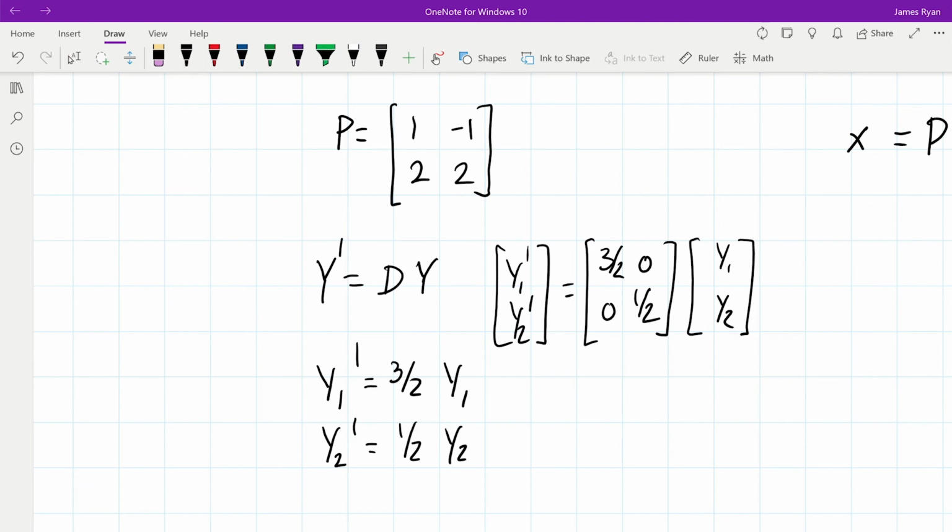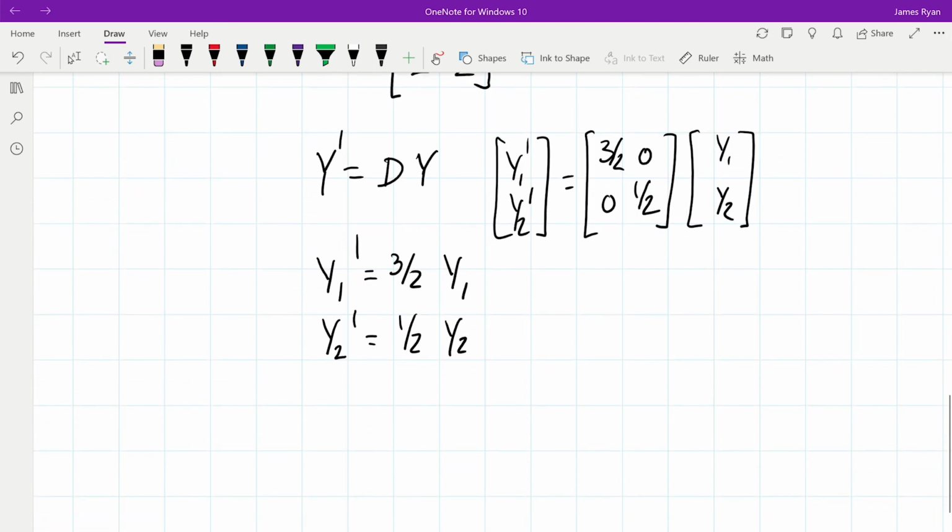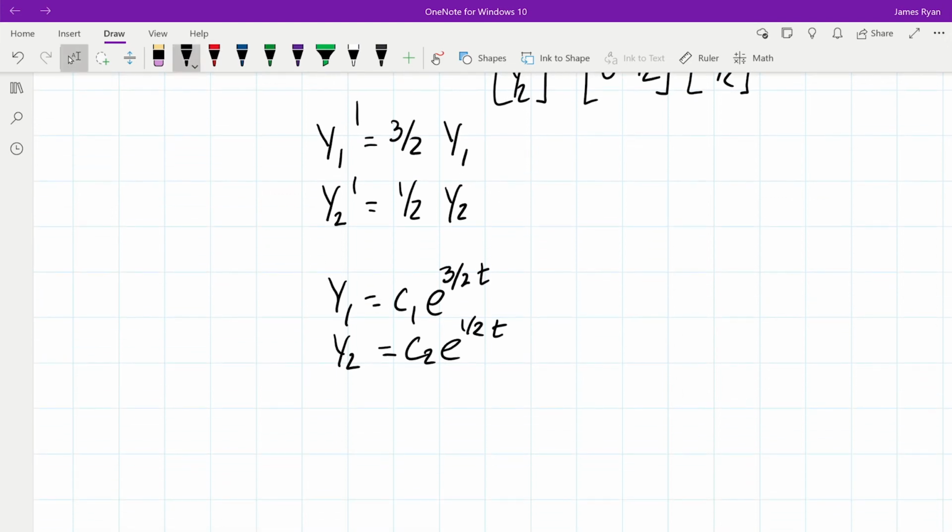From here, we can get y1 is c1 e to the 3 over 2 t, and y2 is c2 e to the 1 over 2 t. So that gives us y is c1 e to the 3 over 2 t, c2 e to the 1 over 2 t.